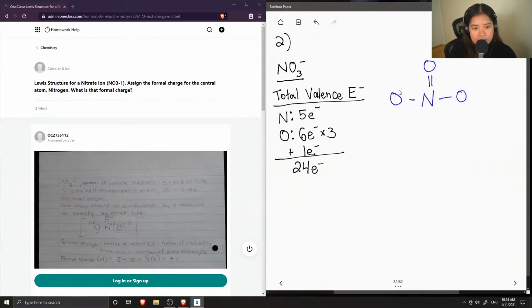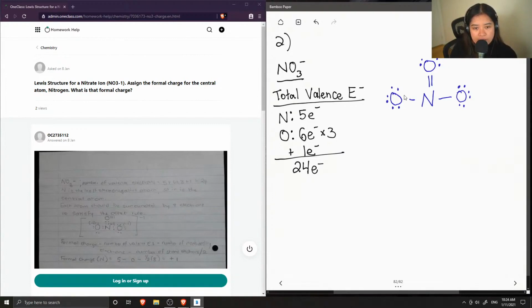And now I'm just going to draw in all of my electrons and then count to see how many I've drawn and if it all equals 24 electrons. Okay, so I filled in all of the lone pairs on oxygen. So now let's count out how many I've drawn.